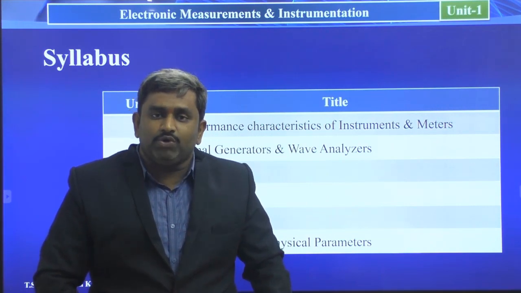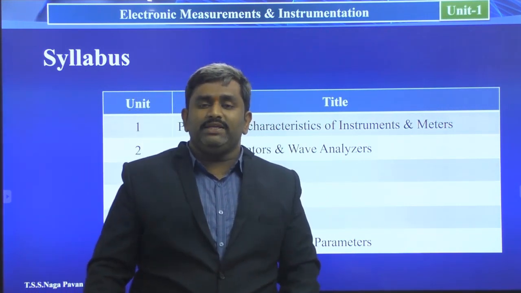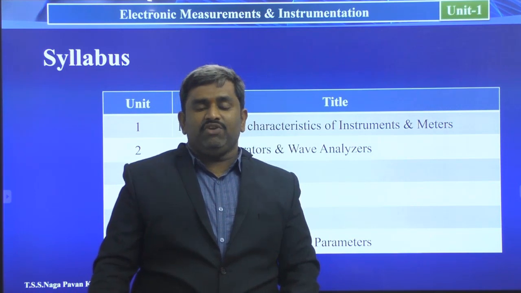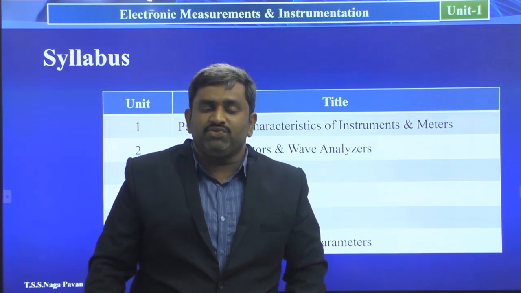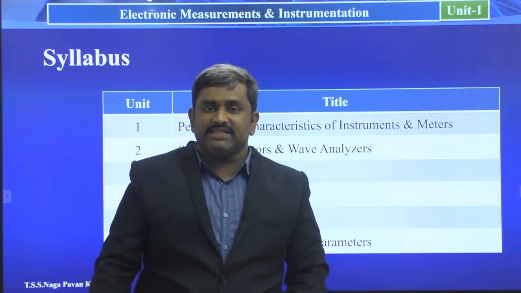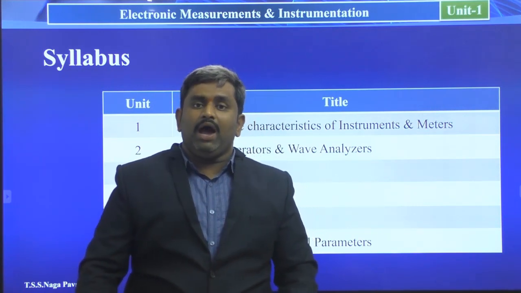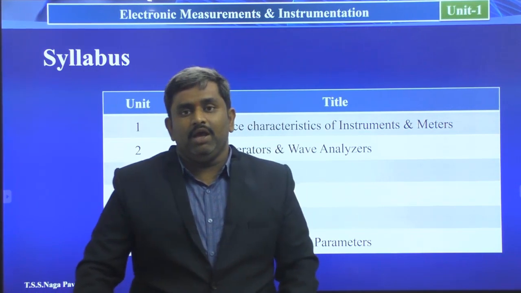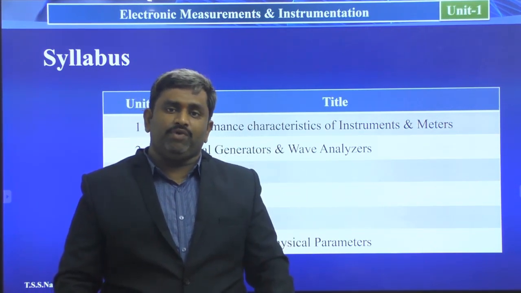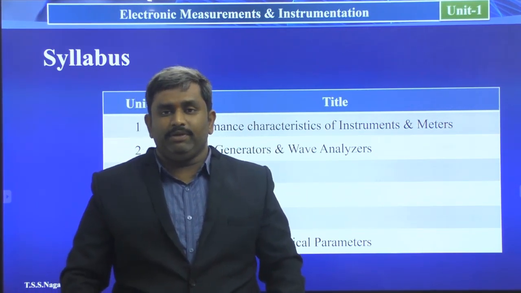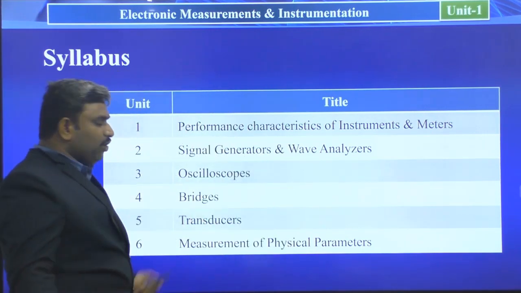With their help, we can visualize different types of signals and functions. How these functions appear on the CRO screen, what the internal structure of the CRO is, how the signals are generated, and how the output wave varies, we are going to study in the third unit.